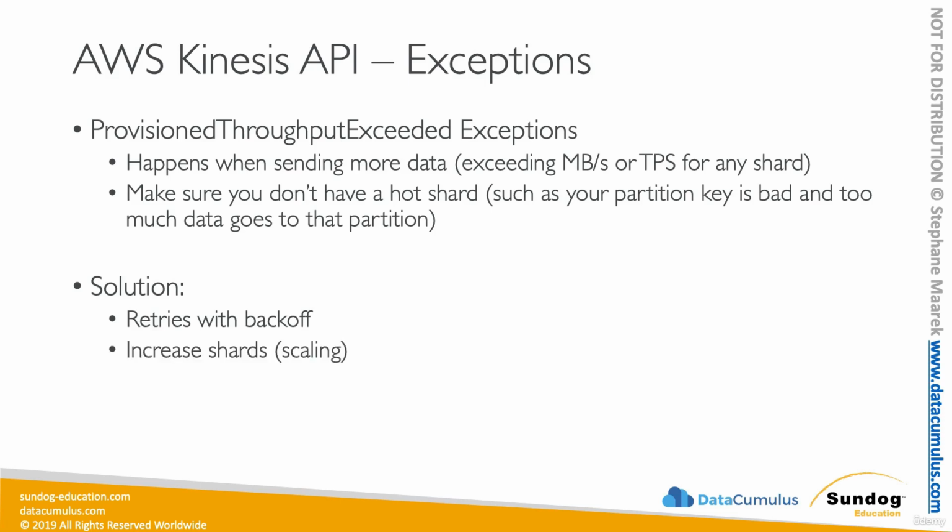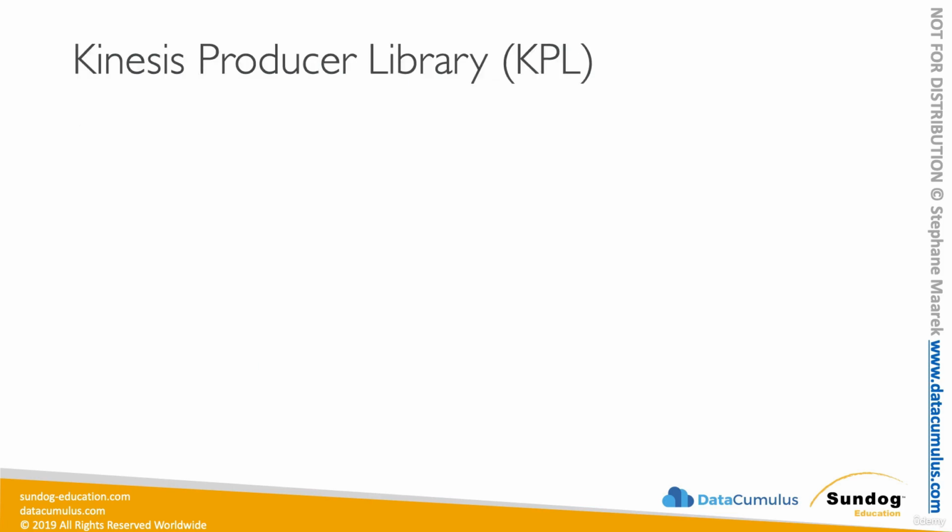Or you can increase the number of shards you have in Kinesis, to increase the amount of scaling you can do. And you need to ensure that your partition key is a good, very distributed one. So for example, for the mobile device, instead of choosing Apple versus Android, you would choose maybe the device ID, which for sure is going to be different for each of your users. Just an example.